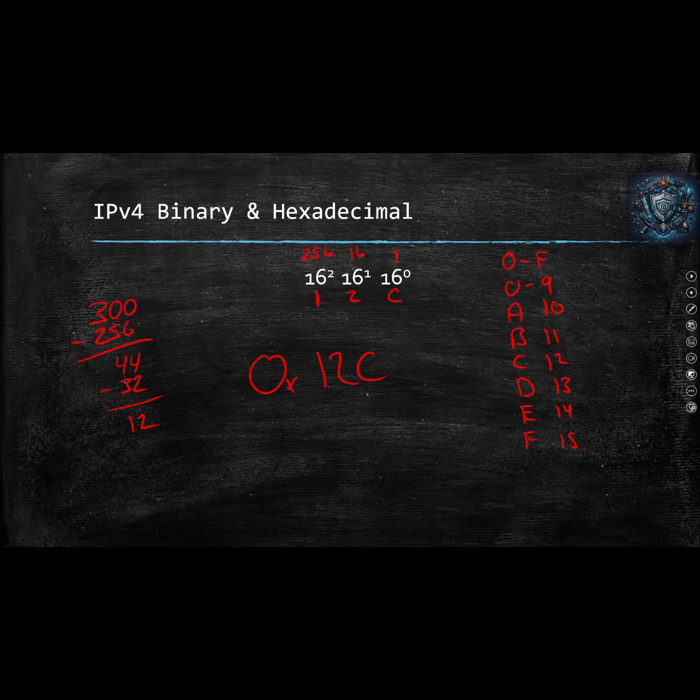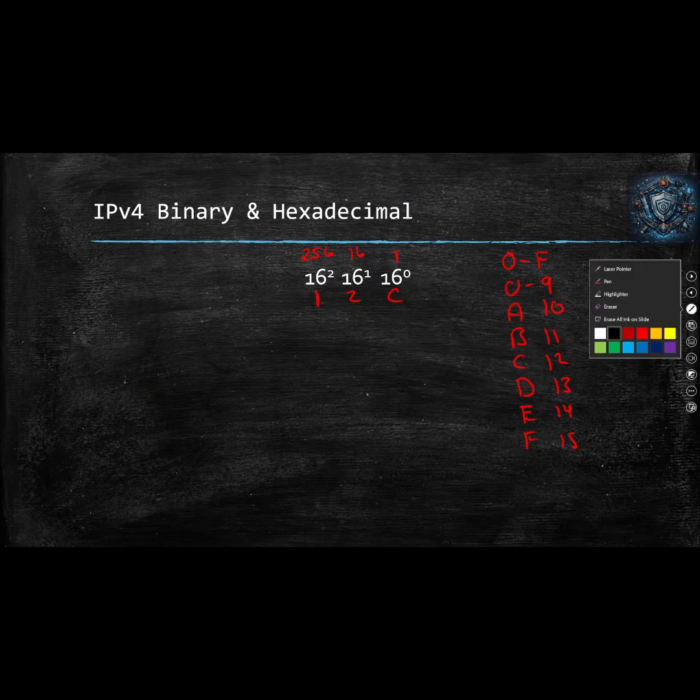All right, let's do one more, and we'll go the opposite way on this one. So let's say that we have a hexadecimal value of, let's say, A7.